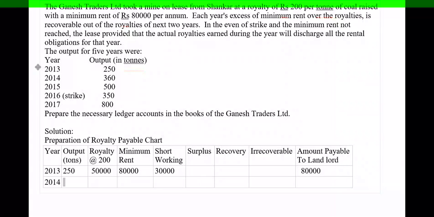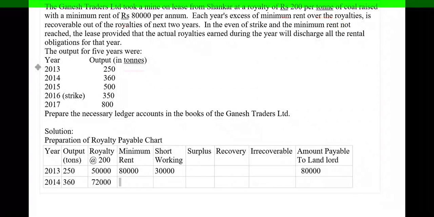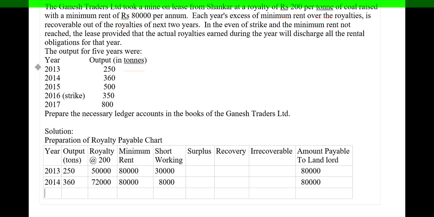Then 2014, 360, so 360 into 200 is 72,000. Then here it is 80,000, so here it is 8,000 is the amount of the short workings. There is no surplus, there is no recovery here. Then amount payable again remains the same, rupees 80,000.